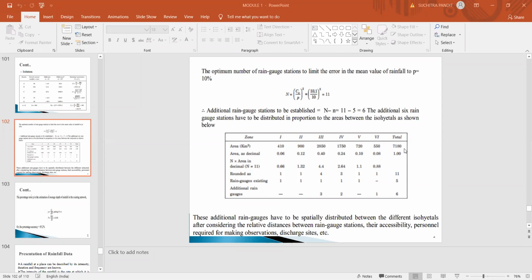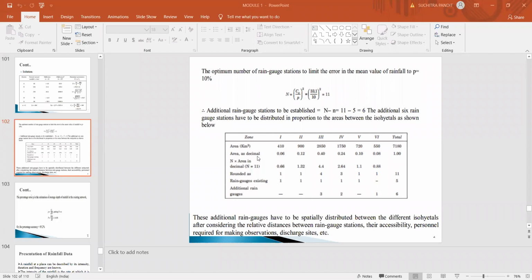Now you have to distribute the additional 6 rain gauges in each of these zones, depending on the area. You have 6 zones and the total area is 7,180 square kilometers. First you have to calculate the area as a decimal.